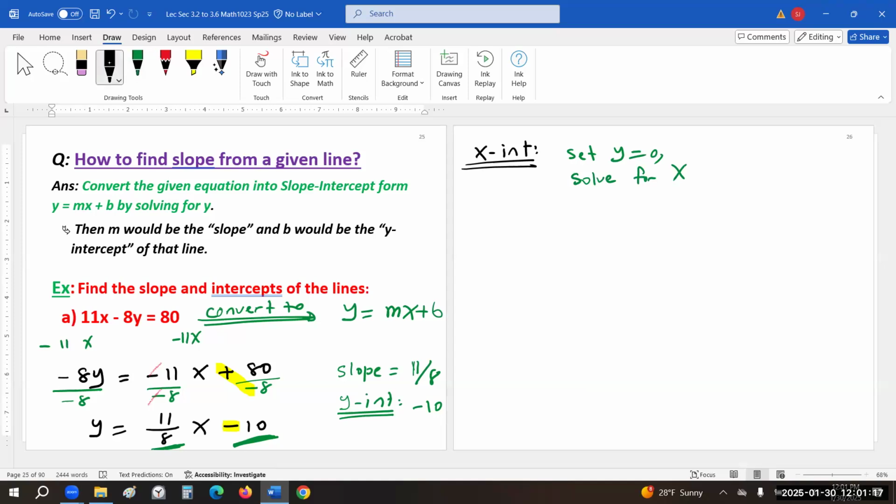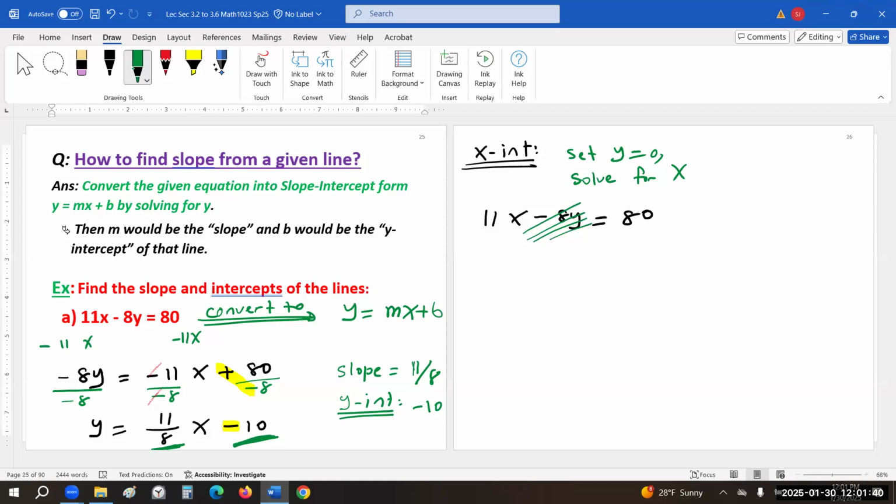And to find that, I'm actually going to use the original one because the original one is useful for x and y-intercept. So we have 11x minus 8y is 80. Since you're solving for x, we definitely don't want to see any y term.